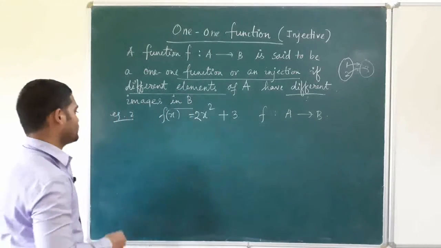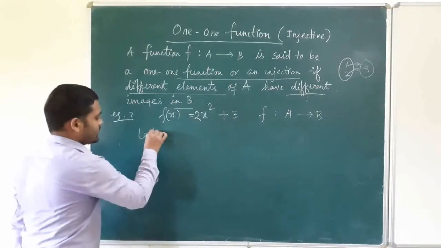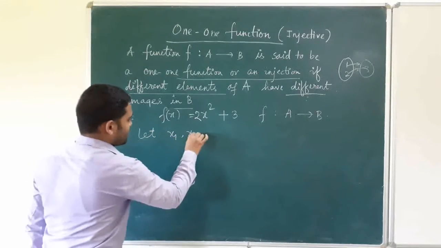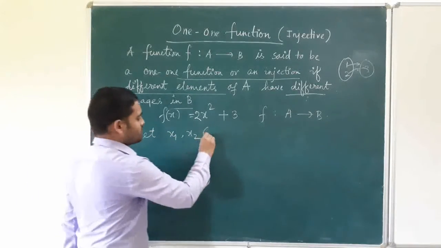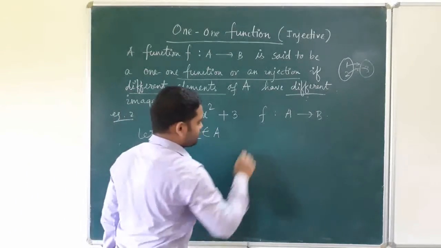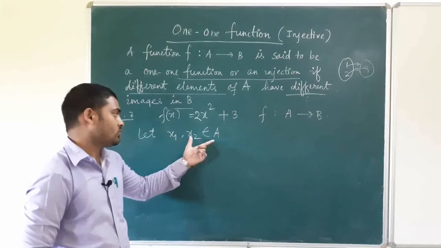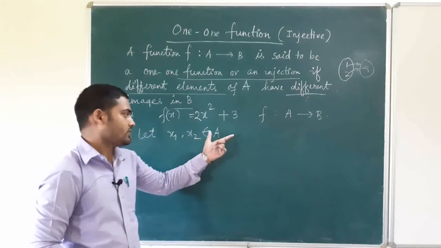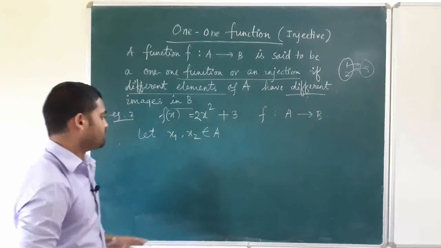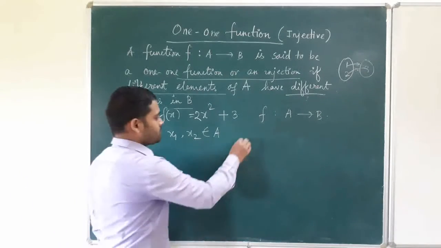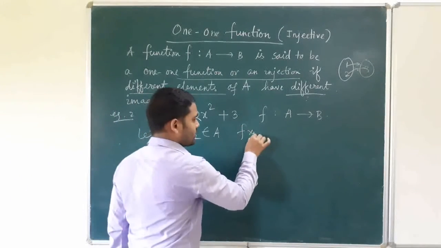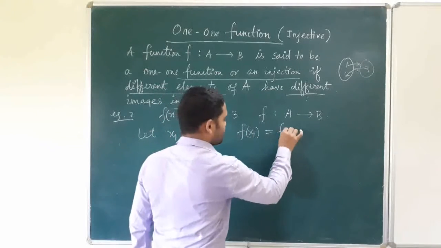So first we take what? Let x1 and x2 be any elements of set A, for all values of x1 and x2 which belong to set A. Now you take f of x1 is equal to f of x2.